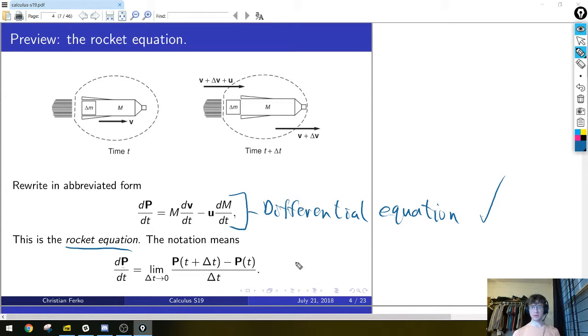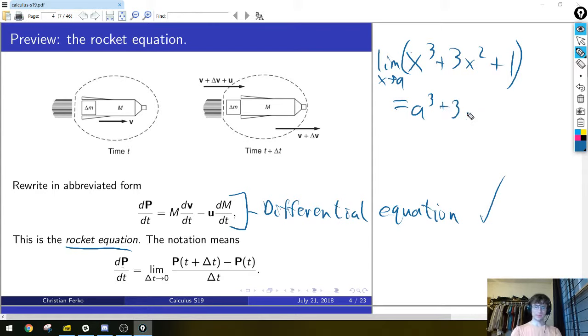One other comment is that I'm not saying this is true of you, but many beginning students, when learning limits, get this kind of arrogant attitude where they say, all I care about are polynomials. Like, all I care about is things like x cubed plus 3x squared plus 1. And they say, well, I know that we've proven, for instance, that the limit as x goes to some number a of this polynomial is the same as what you would get by plugging in a: 3a squared plus 1.